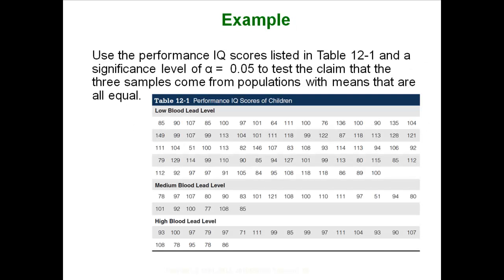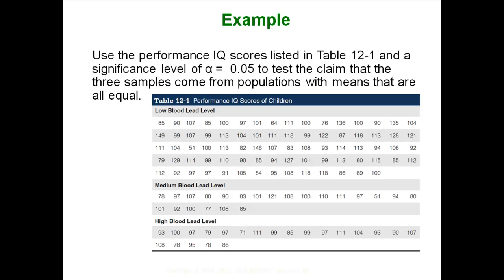Here's a simple example. We have IQ scores and we're going to use a significance level of 0.05 to test the claim that these three samples come from populations with means that are all the same. And if you look at the descriptions, one sample comes from people who had a low level of lead in their blood.